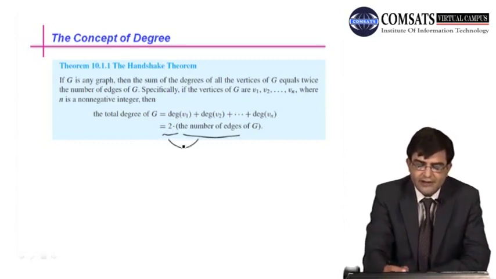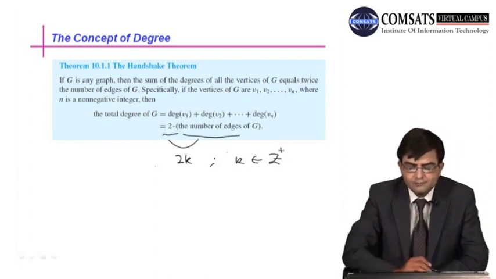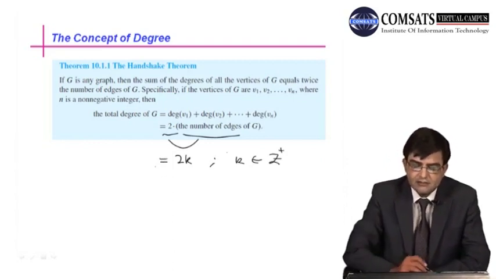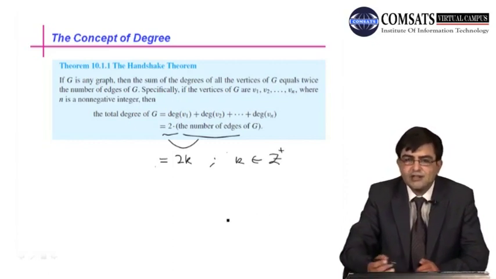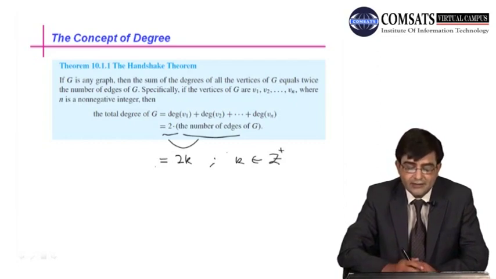That is, we can write it as 2k, where k belongs to Z positive. So the degree of G can be written as 2k, where k belongs to Z plus. So we can draw a conclusion from here that the degree of any graph G is always even.